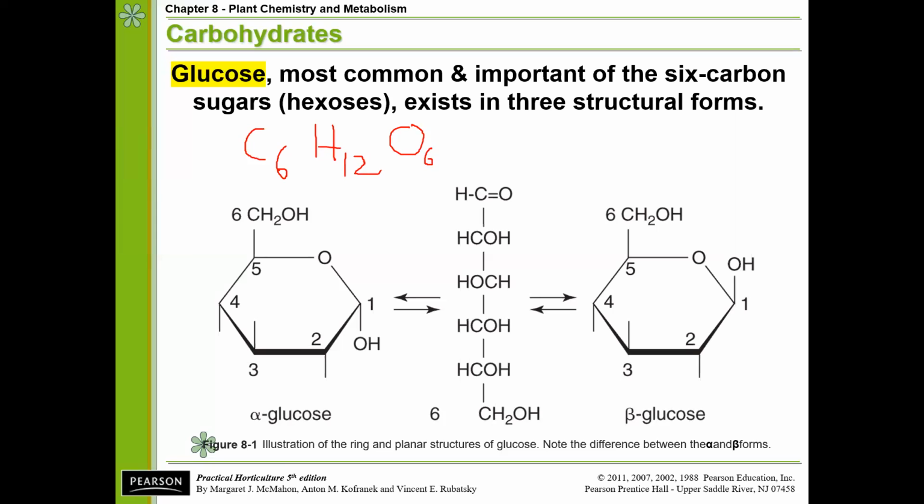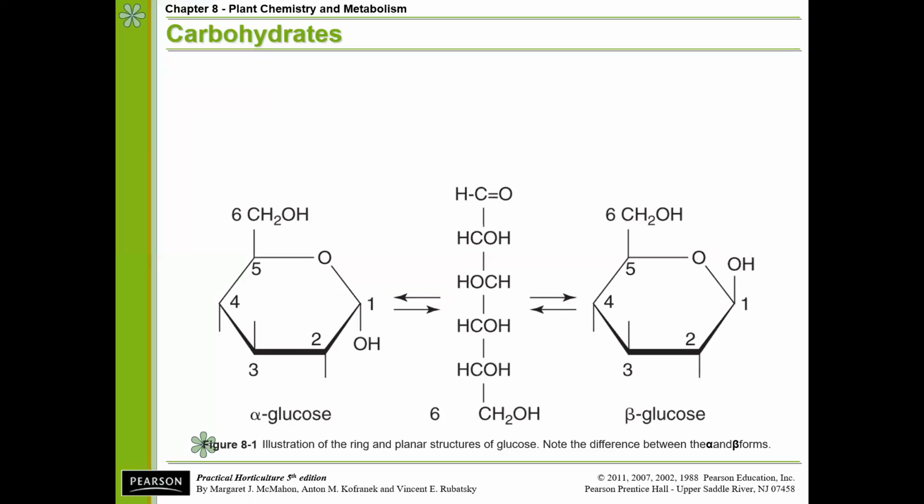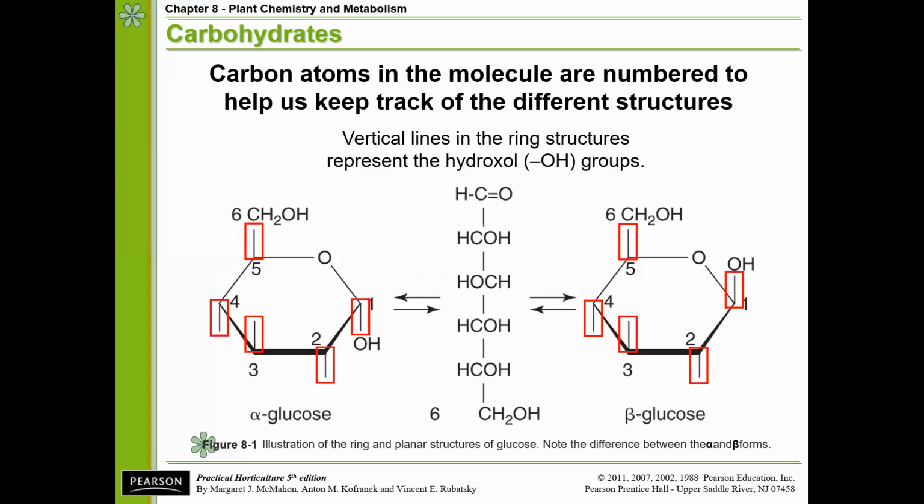Glucose is used pretty much everywhere, and we're looking at it in equilibrium in plant forms. Carbon atoms in the molecule are numbered and basically help to keep track of the different vertical structure groups, so the hydroxyl attached to it, and where it's attached, on glucose. At its very basic form, C6H12O6, but then there are ways to give different forms in the plant.